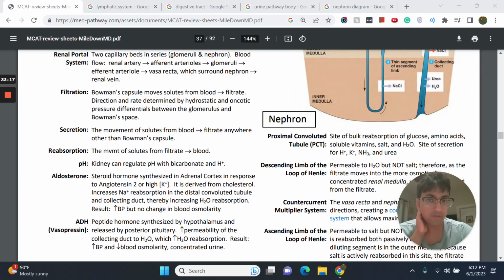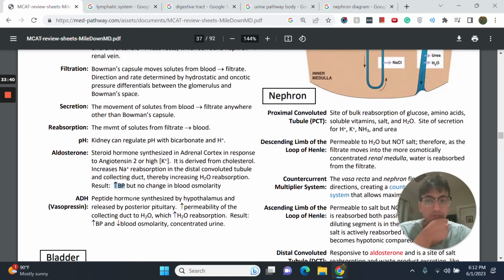So it's basically increasing H2O reabsorption by increasing sodium reabsorption. If you understand that, then you understand that aldosterone is basically encouraging your nephron to preserve water. And so there's no change in blood osmolarity because you're also reabsorbing sodium, but you're increasing blood pressure because you're increasing the amount of water being reabsorbed.